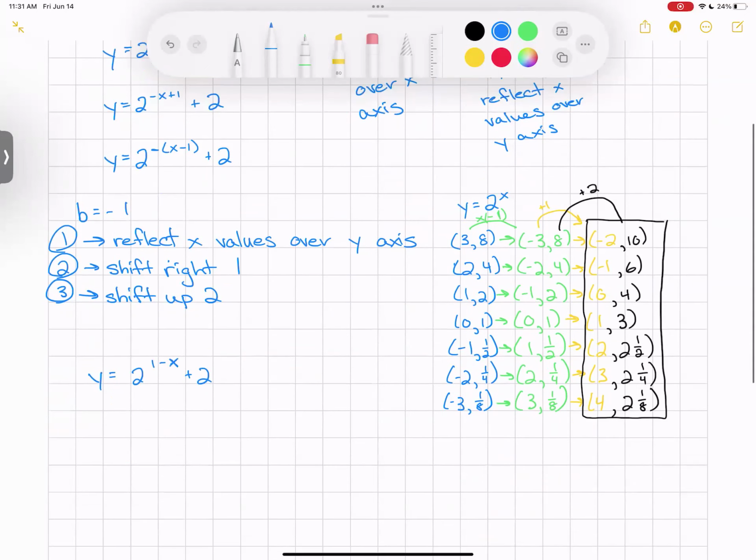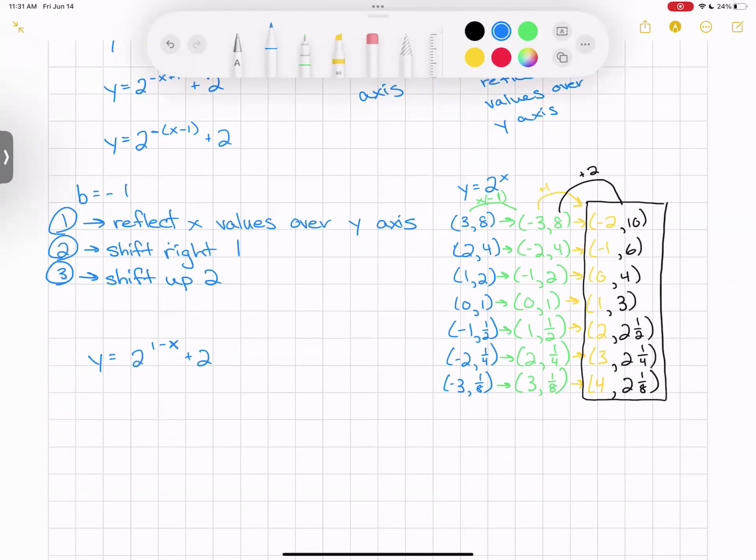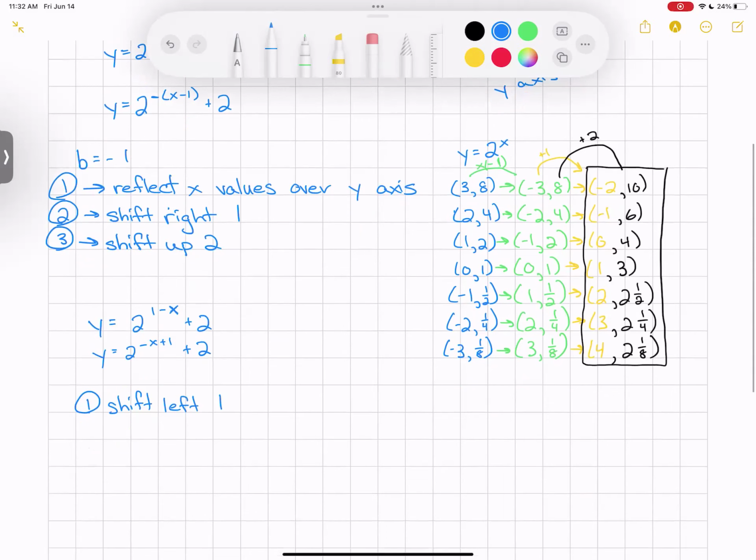So instead of doing A, B, C, D, what they do, I'm just going to write the x first again, is they first do their translations. So that's a +1, so we're going to shift left by 1. And then we've got a +2, so we're going to shift up 2.